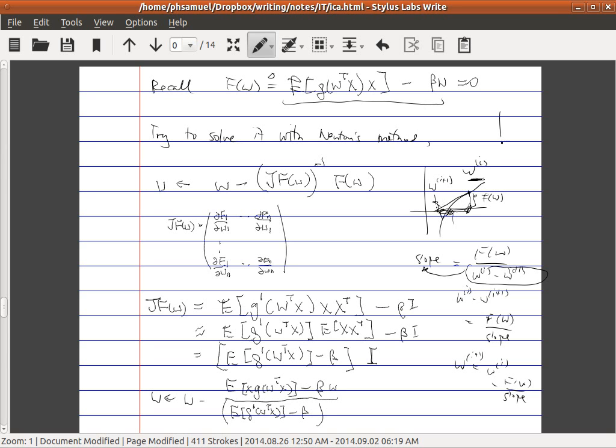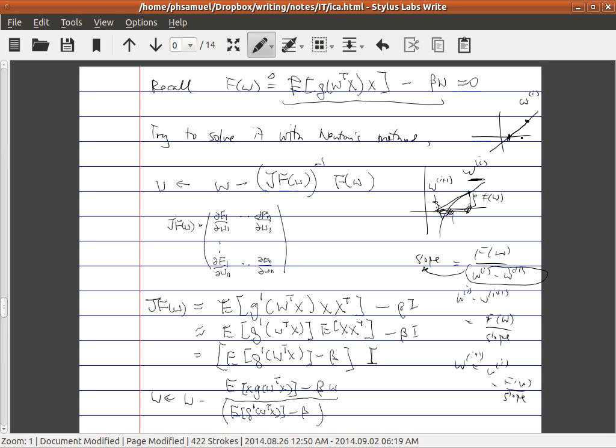So the idea is that if the function is a straight line, and you are at this point, let's say this is your Wi, then one step will go all the way to your root, very nicely.